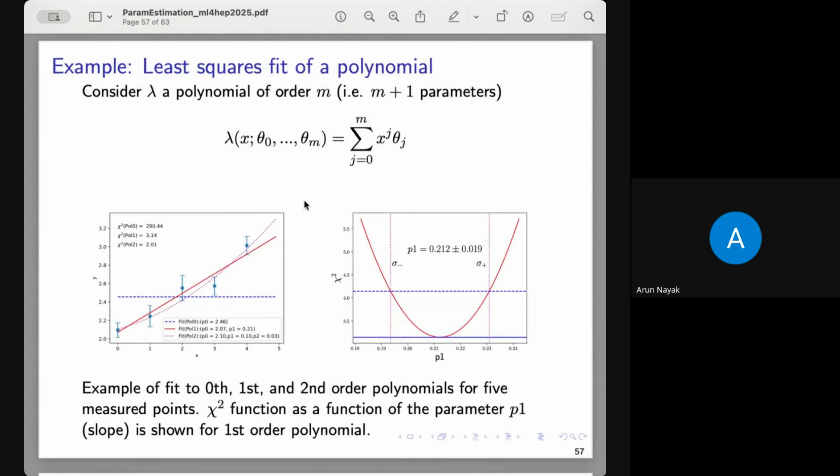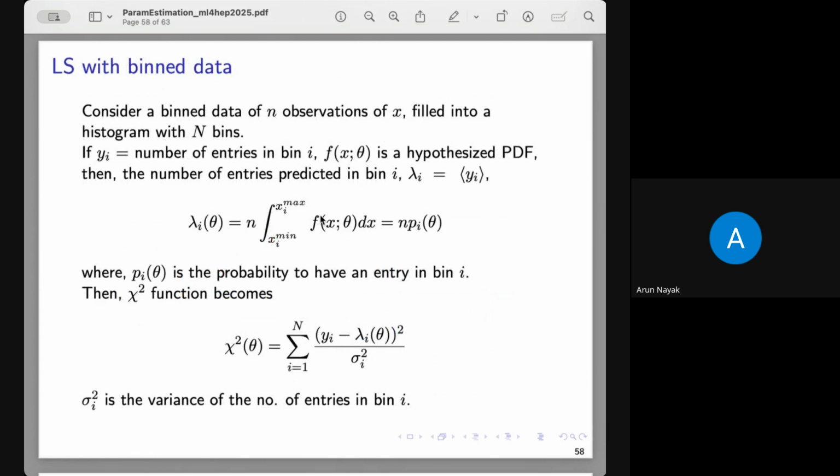So far we discussed the curve fitting. Now we can discuss, similar to the likelihood method, the least square fit for binned data. That means if you want to fit a histogram to some function with the least square method, you can define again yi as the number of entries in bin i, and f of x is your hypothesized PDF.